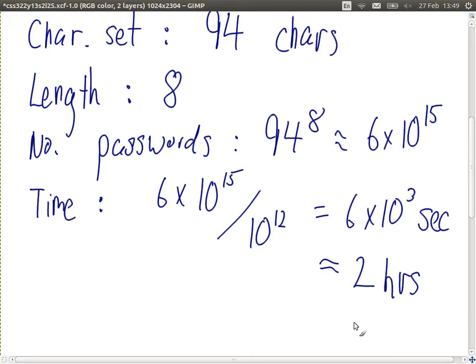So what can you do? Make it harder. What are you going to do? Longer. Assuming we cannot increase the character set, we're limited by our keyboard. We want to allow anyone to use their standard keyboard to enter in. Let's make it 9 characters, the length to be 9 characters.